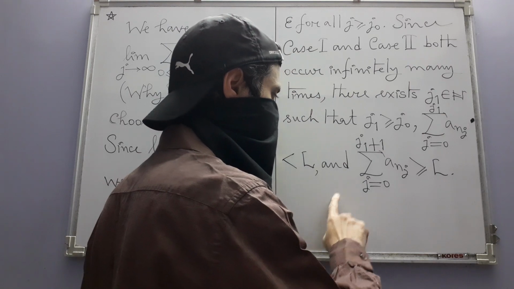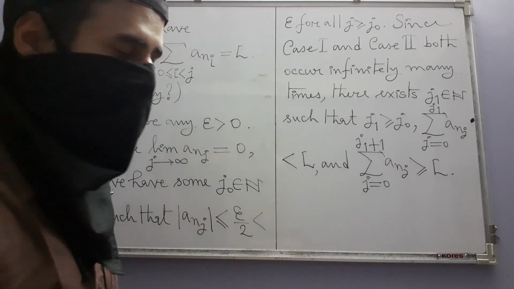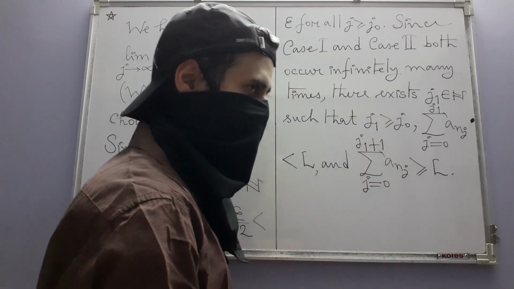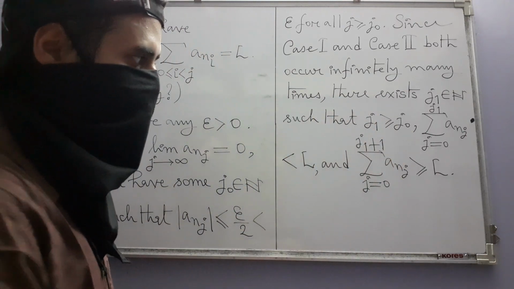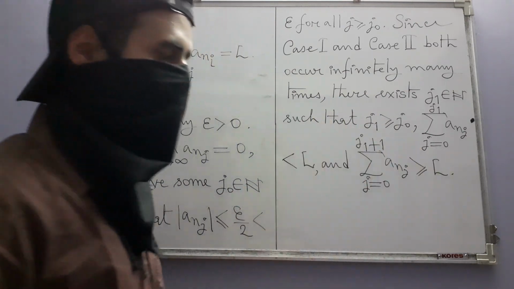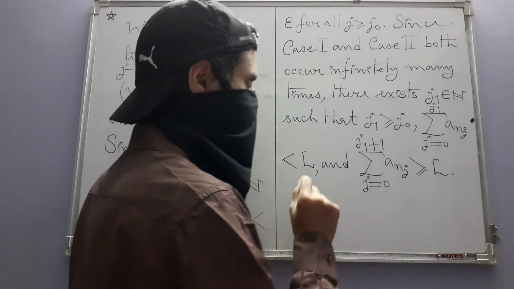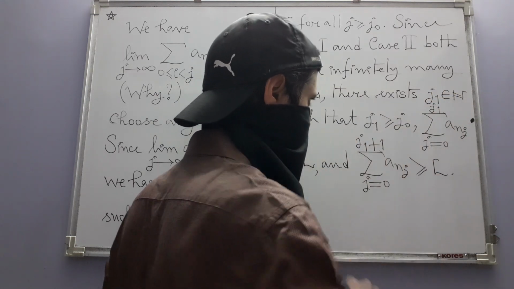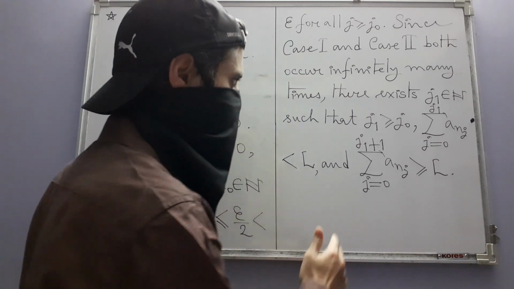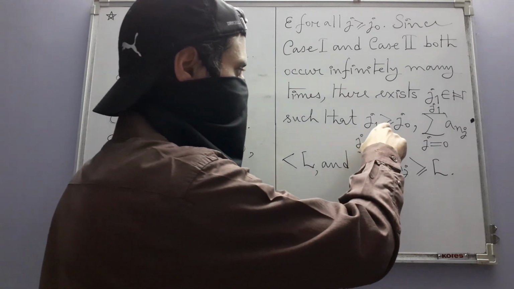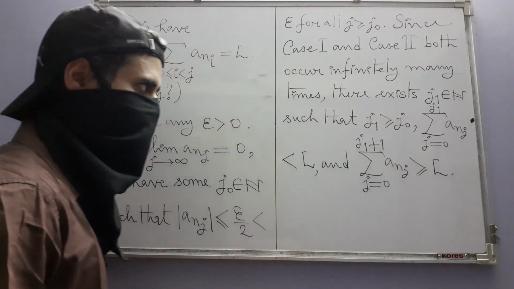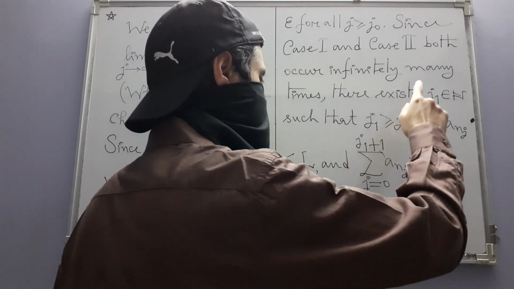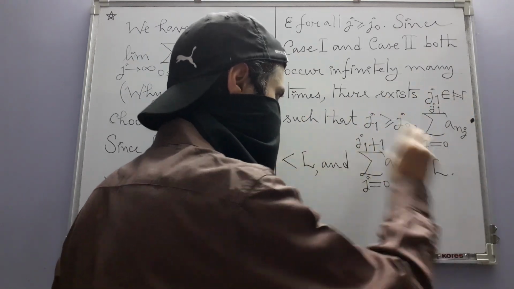Similarly, because case 2 occurs infinitely many times, here also you will get infinitely many upper limits of such sums, infinitely many natural numbers for which all the corresponding sums are greater than or equal to L. Because there are infinitely many such choices here and infinitely many such choices here, we can choose a natural number j1 that is so large that it not only exceeds j naught, it may be equal to j naught, but in general it exceeds j naught, so that this also happens and this also happens.